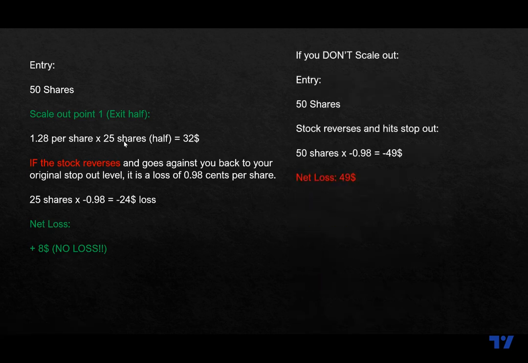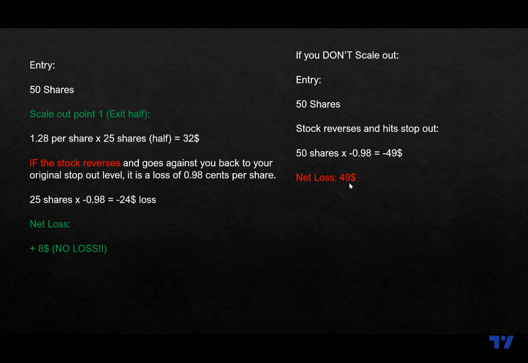Had I not locked in at the first resistance level and the stock reversed against me, my net loss would have been negative $49. Okay. So this is why you need to scale out along the way, because I never used to do this in 2021, but this is something that I've started to do in 2022 and this year because it just locks in your profits.